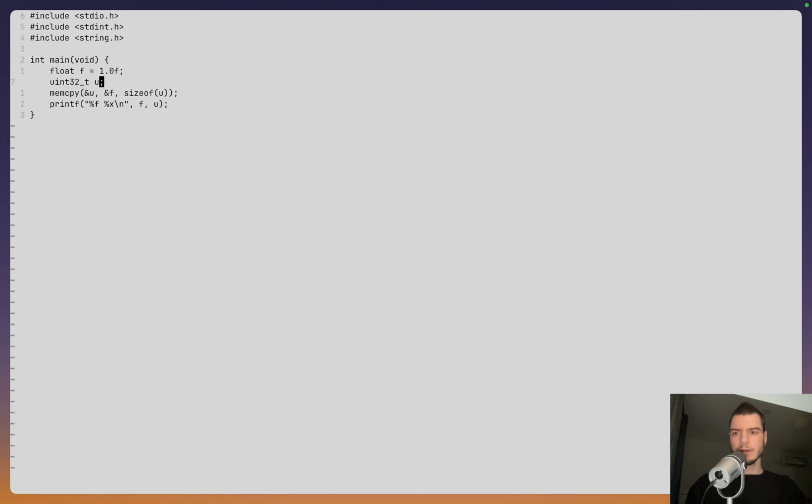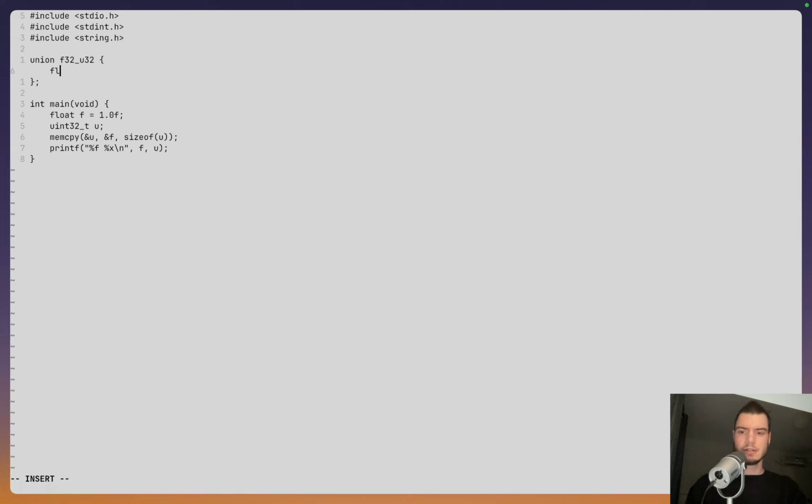And this technique works in C and C++. But if you are in C, you actually have one more option, which is to create a union type of the two types that you want to look at. So I'm just going to make our float the first member and our integer the second member.